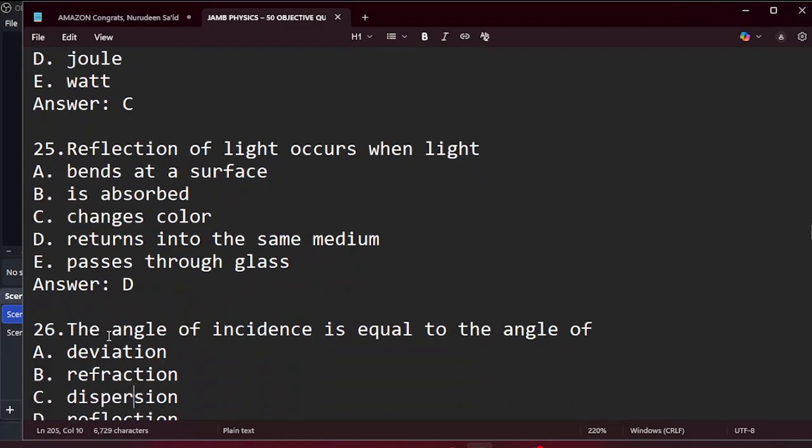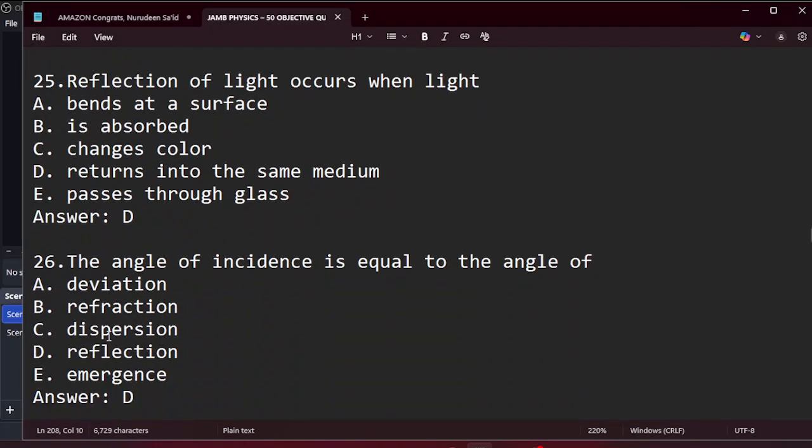Question number 25. Reflection of light occurs when light A. bends at a surface, B. is absorbed, C. changes color, D. returns into the same medium, E. passes through glass.